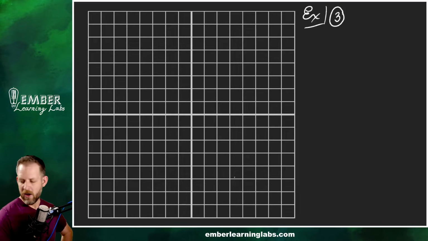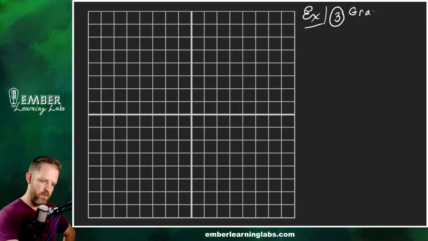These things happen. So for this example, we are going to graph 2x + 4y = 16 by using the intercepts.